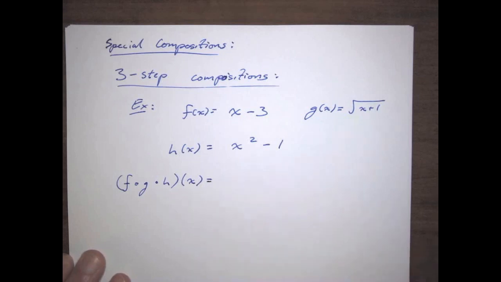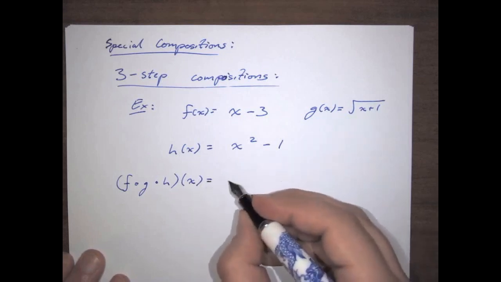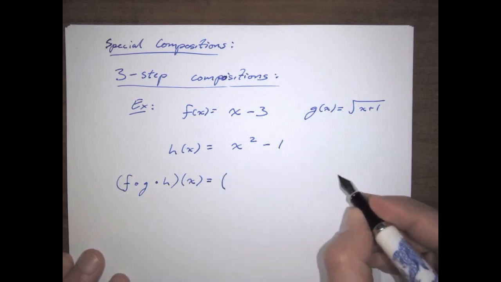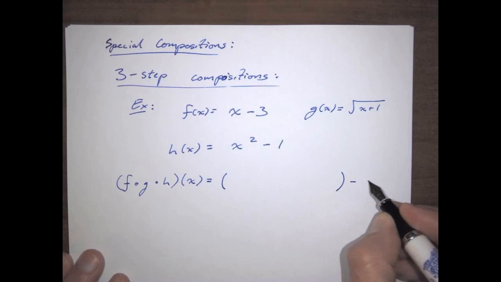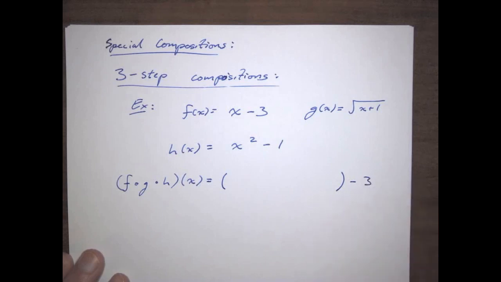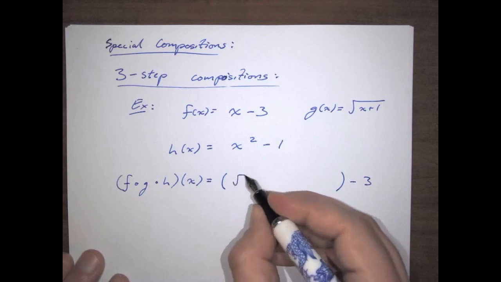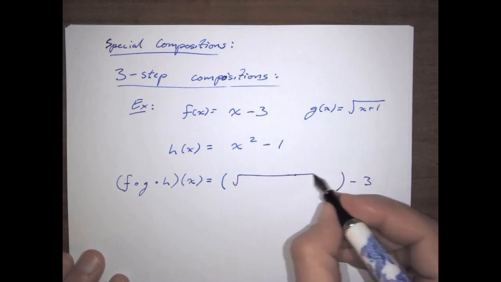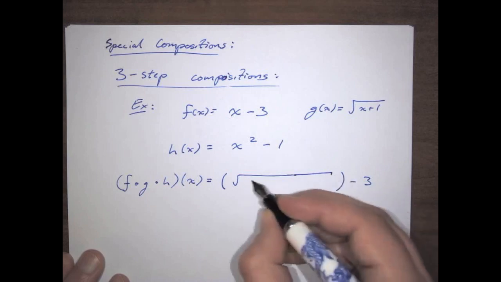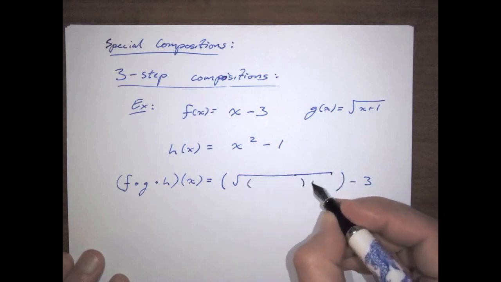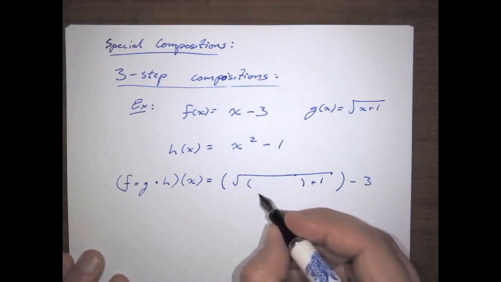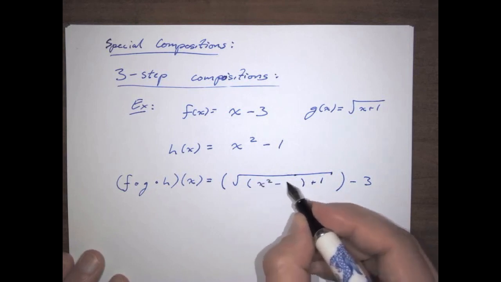would be, first on the outside we'd have blank minus 3, and on the inside what we'd have is square root of blank plus 1, and then deep inside that what we'd have is x squared minus 1.